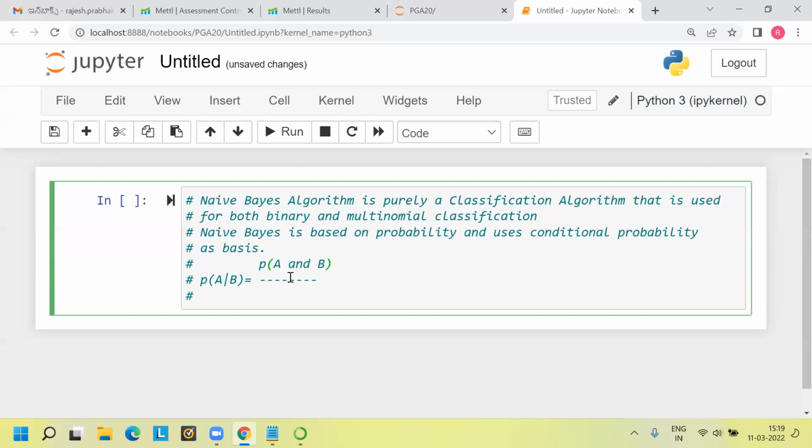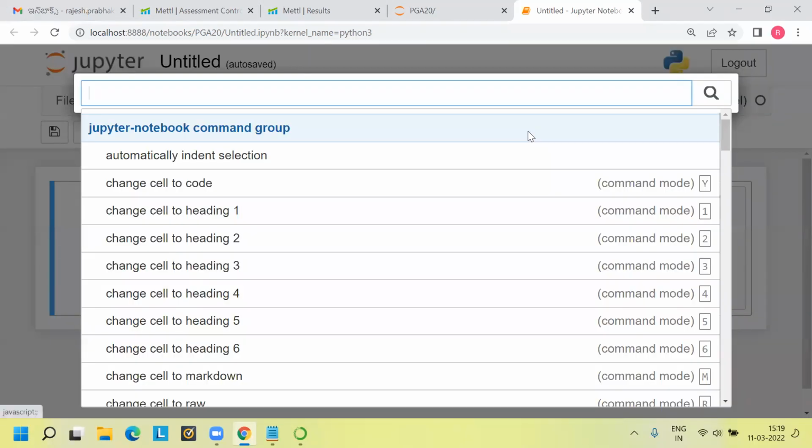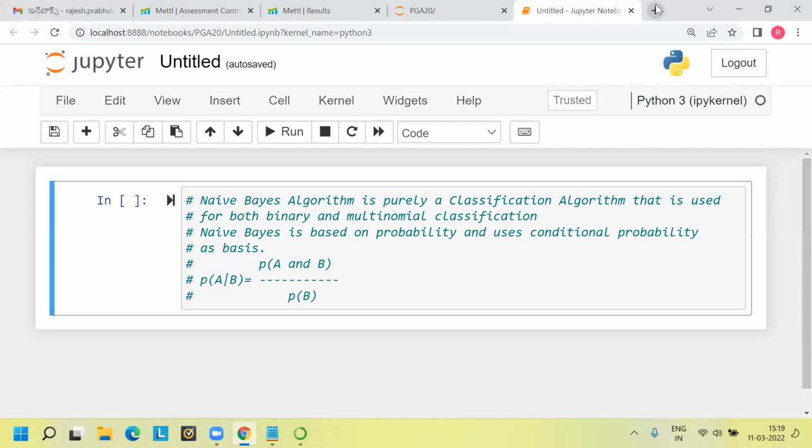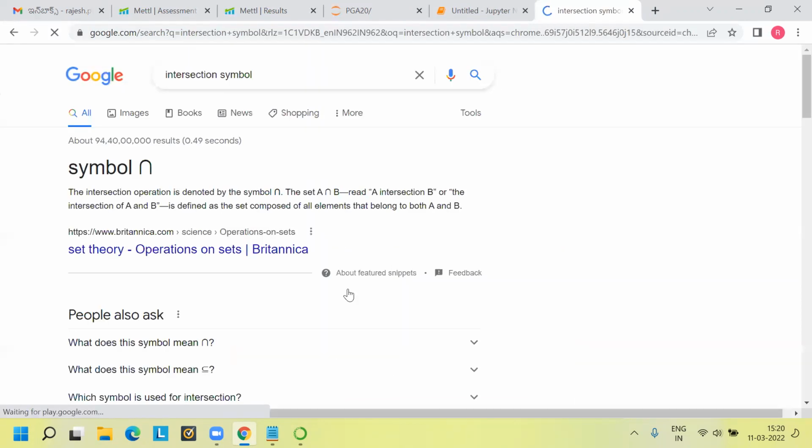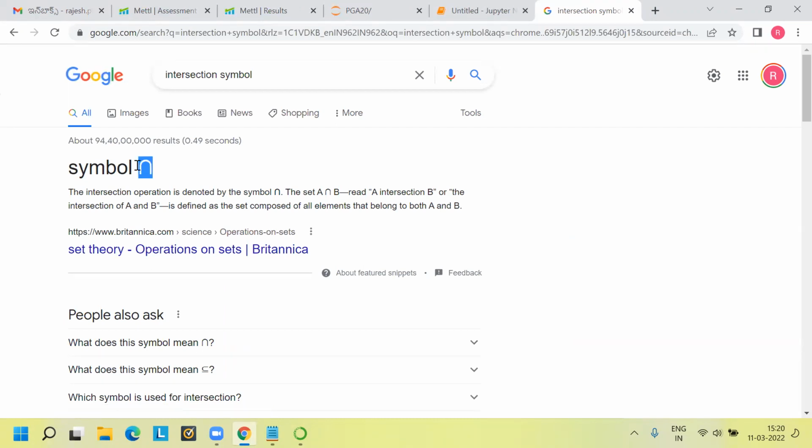A and B intersection divided by probability of B. A intersection B, I'm talking about A intersection B. Let me see, one second. Google, yeah. Sometimes I forget. Last time I used it like this. This is the intersection symbol.